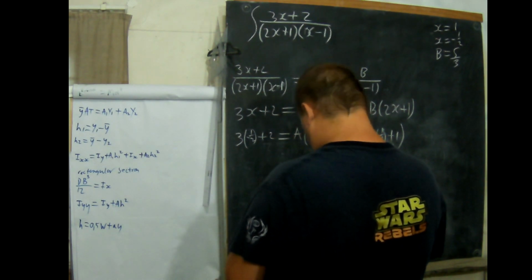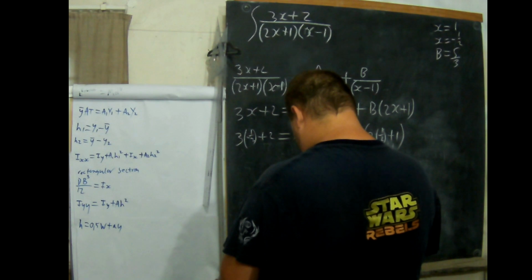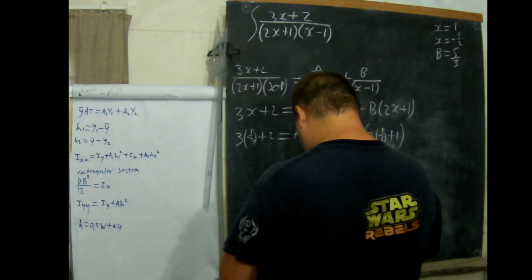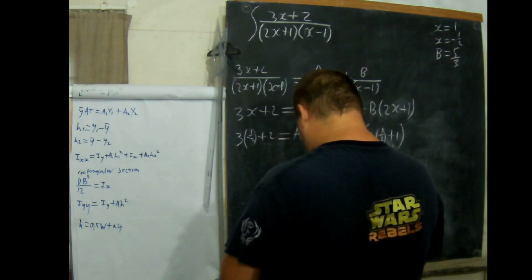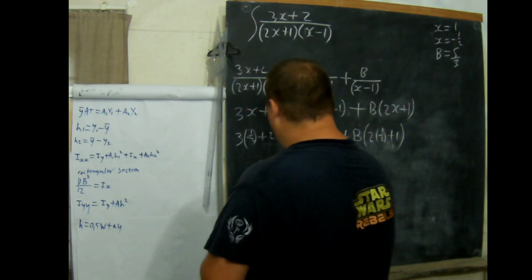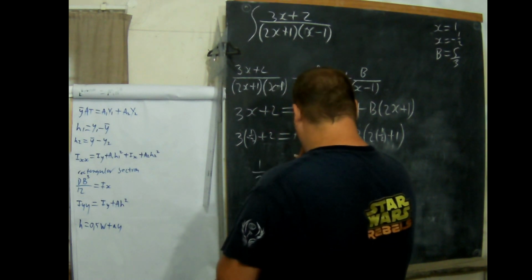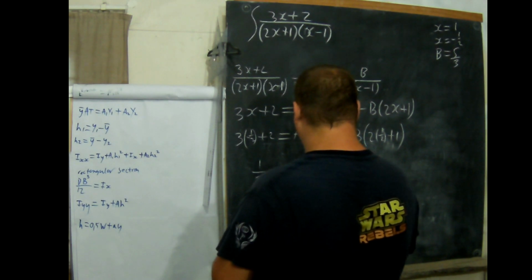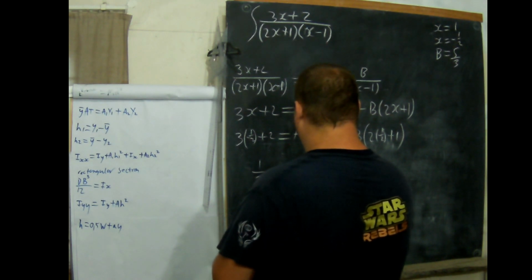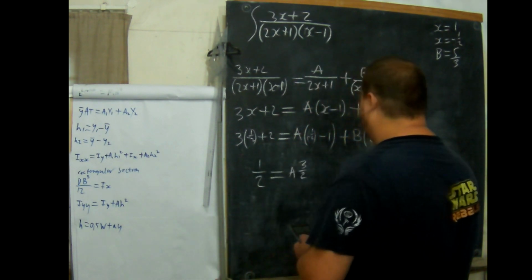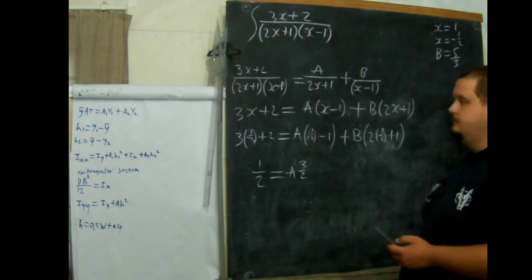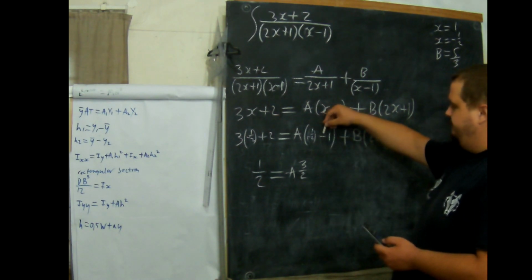Now, 3 times minus a half plus 2 is a half. So that is a half equals A (3 over 2A) minus A 3 over 2, because minus a half minus 1 is minus 3 over 2.